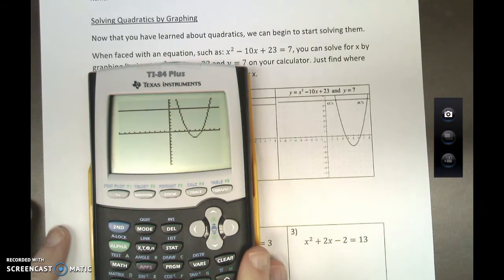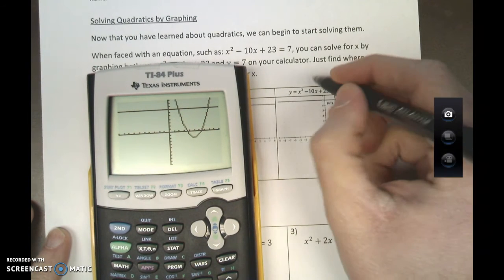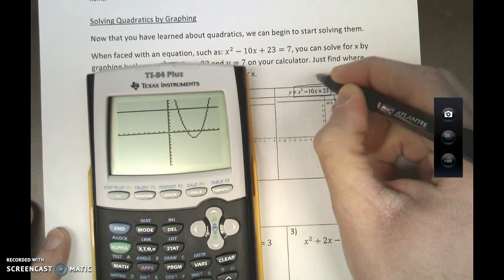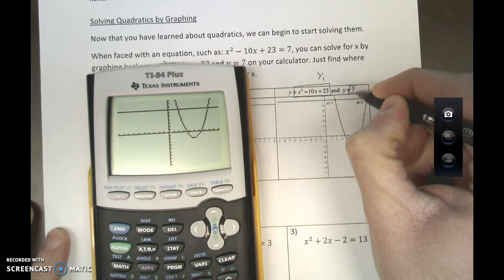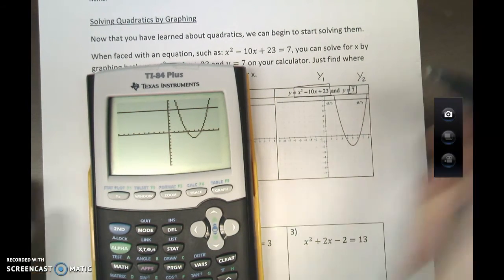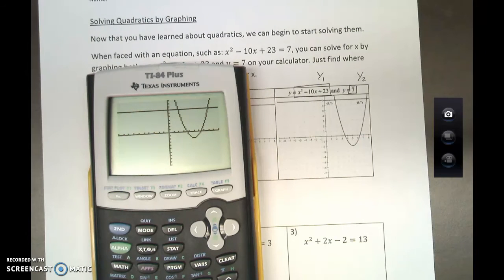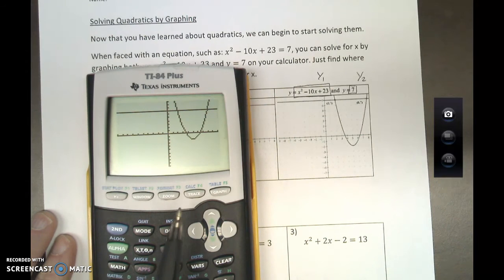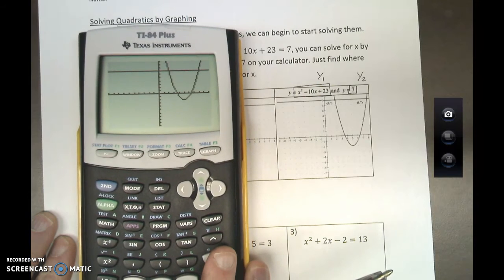So what we did with our original equation was we plugged the first one in for y1, and we plugged this one in for y2 on our calculator. And now we're just looking at where they intersect. So to find the actual intersection points, there's a feature on your calculator that'll let us calculate the intersection.